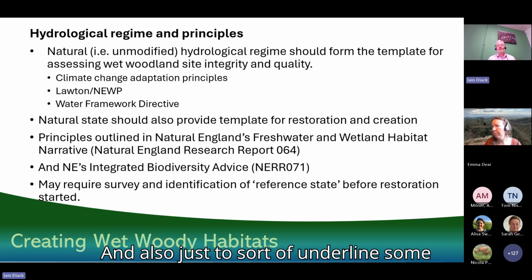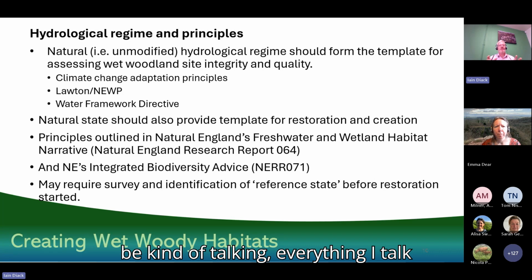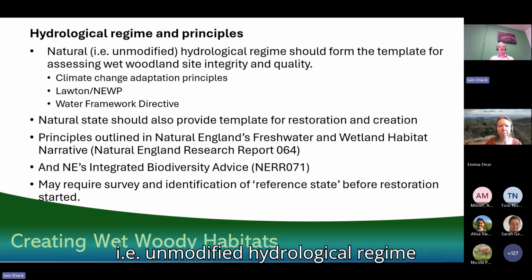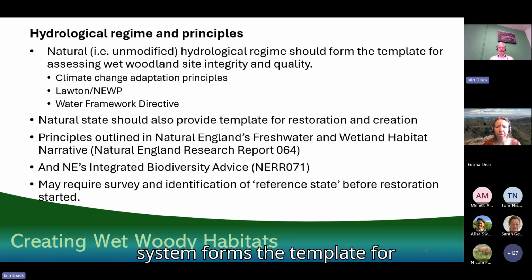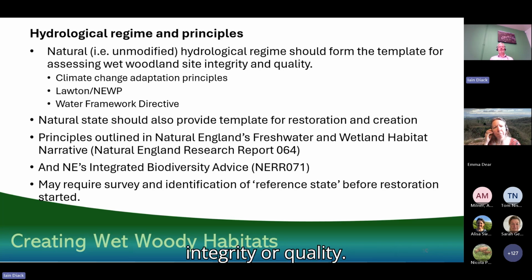And also just to underline some core principles, everything I talk about will be within this frame, and that is that the natural, i.e. unmodified, hydrological regime system forms the template for any kind of assessment of wet woodland integrity or quality.